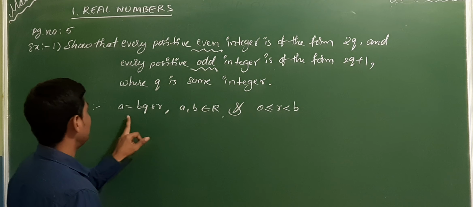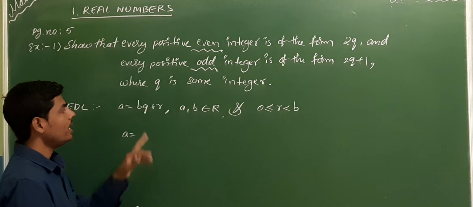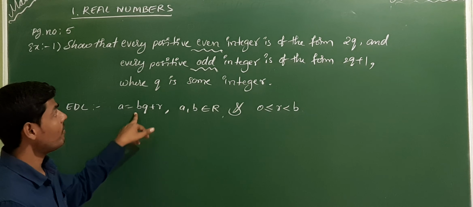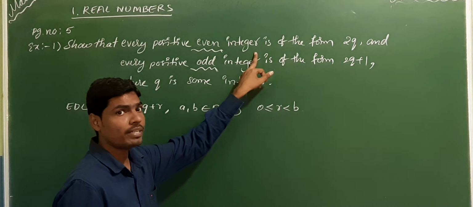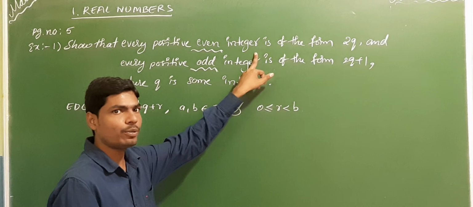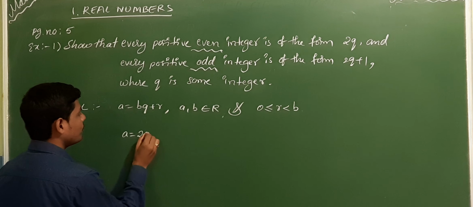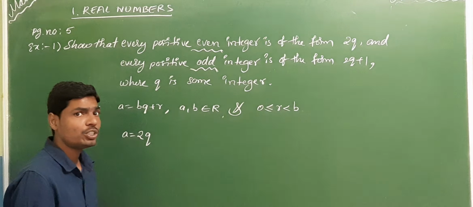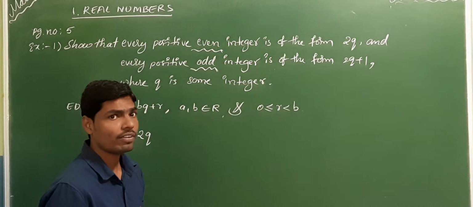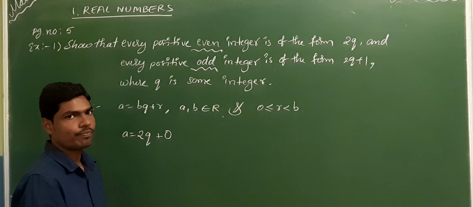Here, a is the dividend. That means a is equal to the even integer. An even integer should be multiplied by 2, that means it should be divisible by 2. That means the divisor is 2, and q is the quotient. And the remainder, when you divide by 2, should be 0.